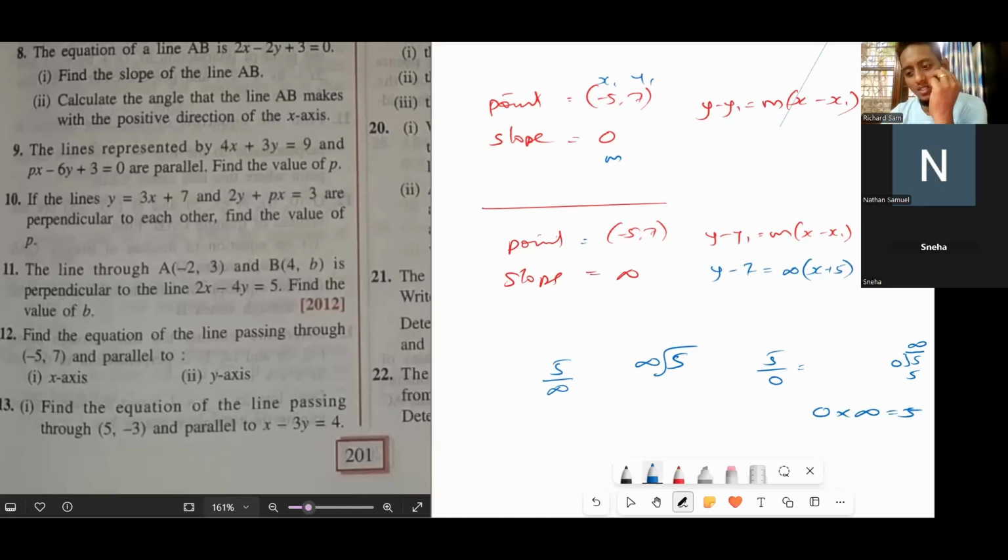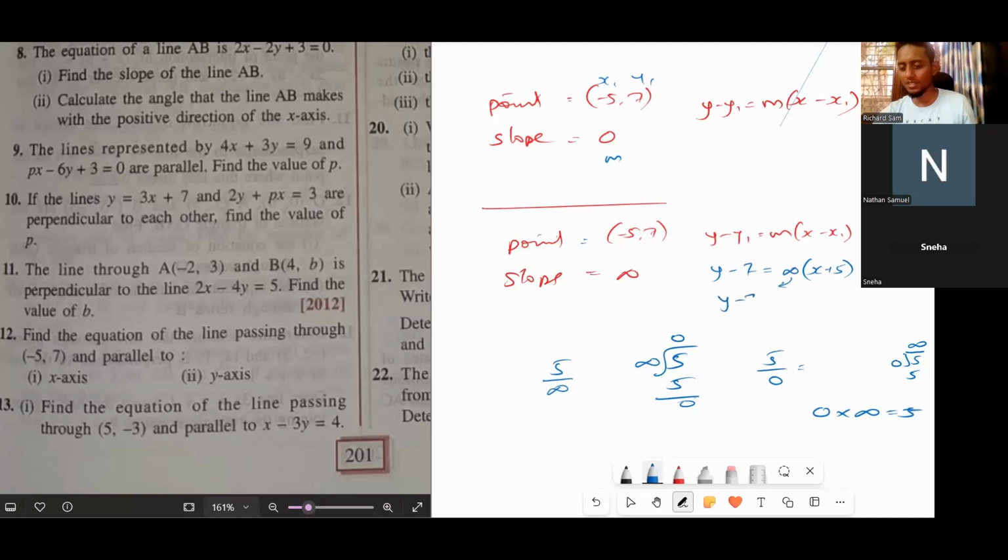Okay, so that's what we are using here. Infinity into what is 5? Infinity into 0. Infinity into 0 is 5. Is this clear? Infinity into 0 is any number. So here what we are doing is, instead of multiplying infinity with this, we are taking the infinity to the left side.